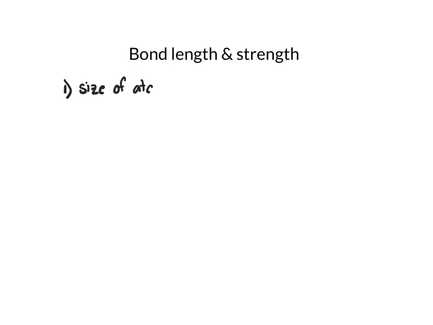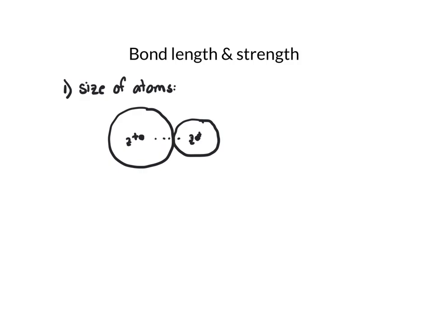that are bonded together. So if you have a nucleus and a really big atom, and another nucleus over here, but a smaller atom, then if we think about this nucleus and this nucleus, the distance between the nuclei, which is the length of the bond, this distance is the length of the bond.